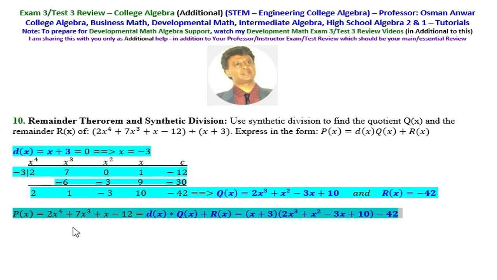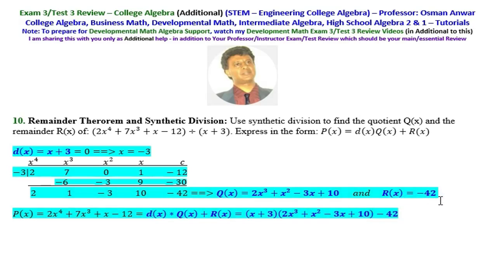Then to write this, p of x equals 2x to the 4th plus 7x cubed plus x minus 12 in the form of d of x times q of x plus r of x. D of x is x plus 3. Q of x is 2x cubed plus x squared minus 3x plus 10.